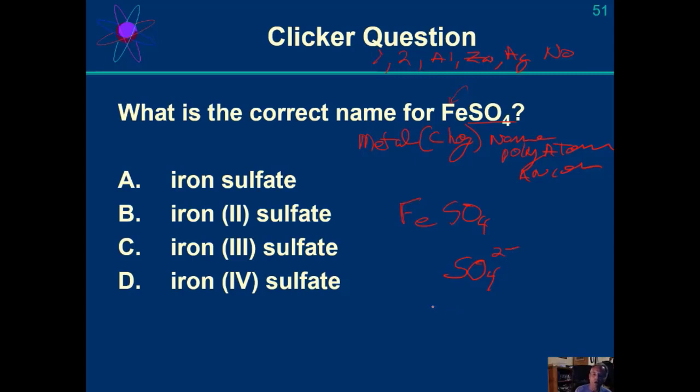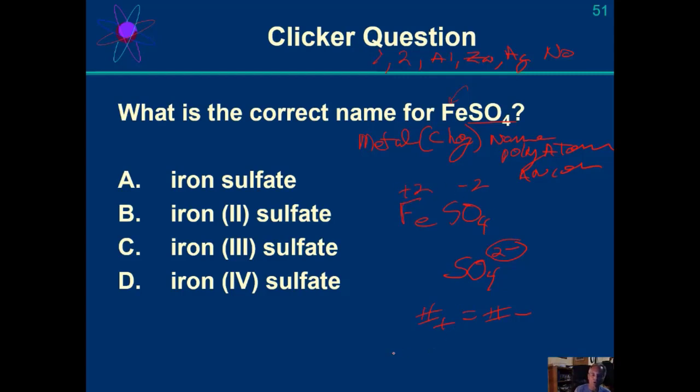Now, all compounds are neutral in charge. That's the nature of compounds. So that means the number of positive charges has to equal the number of negative charges. Since I have one -2 charge over here, so that's -2, this has to be +2.